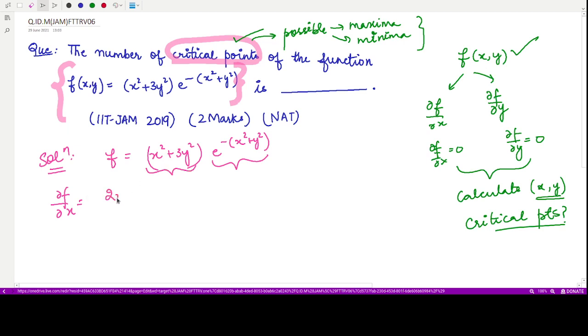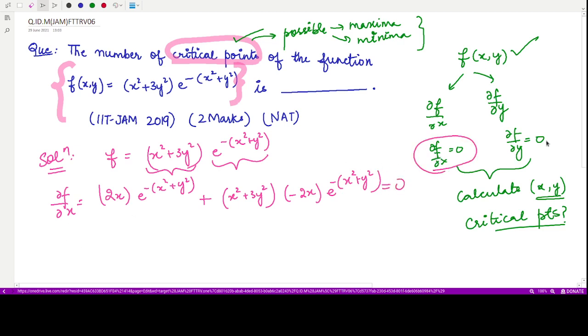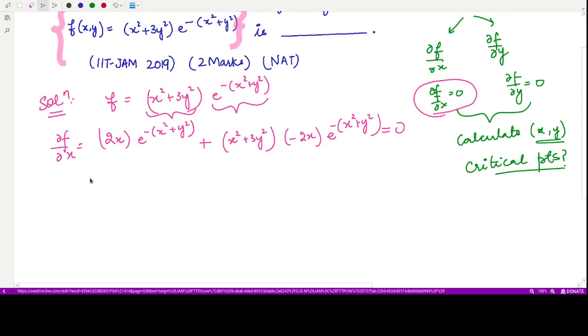The derivative of the first term would be 2x, second term as such, and then plus first term as such, and the derivative of the second term, which would be minus 2x multiplied by e to the power minus x square plus y square. We can substitute this equal to 0 because that is what we are required to do.